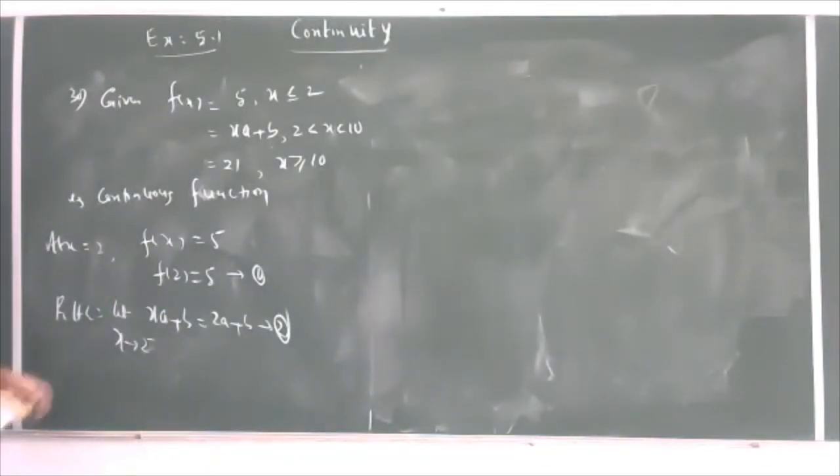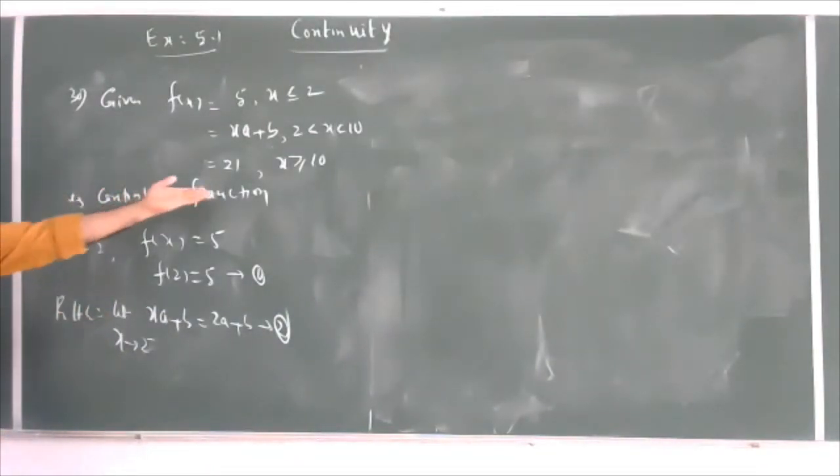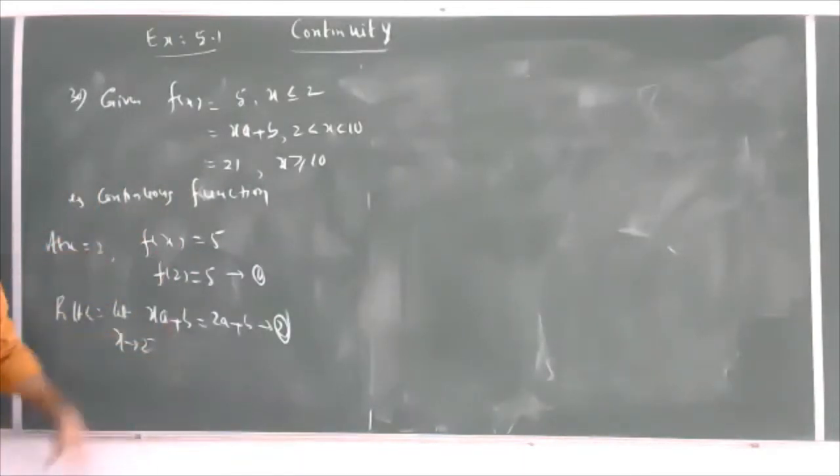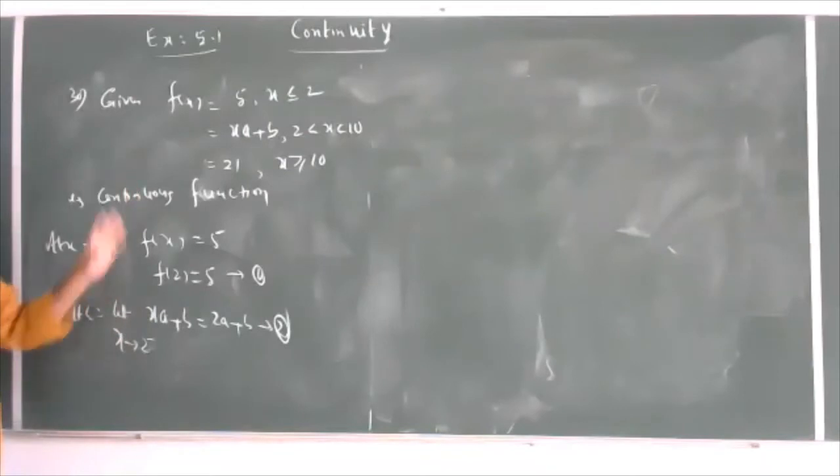Since it is a continuous function, everywhere it is continuous, so at x is equal to 2 also it is continuous.